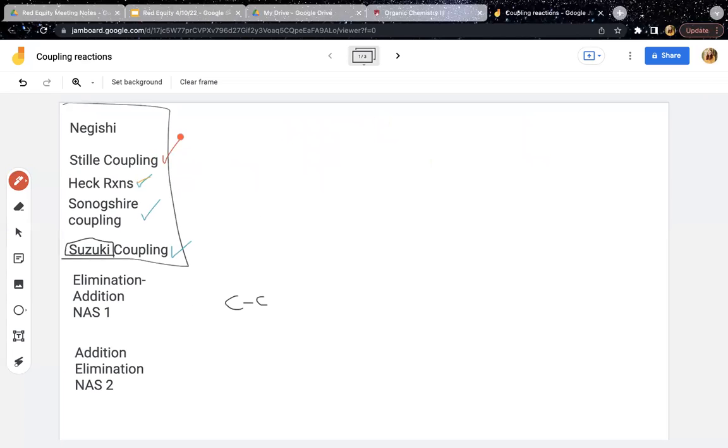These are all pretty simple reactions once you understand that it's just a metal catalyst reacting with an aryl halide. So I'm actually going to write that down right here. So it's just an aryl halide, again, with the exception of a Heck reaction.